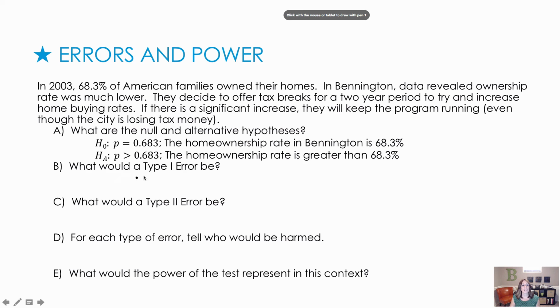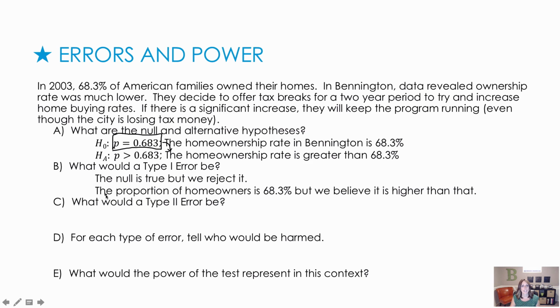So what would a type 1 error be? Remember, a type 1 error is when the null is true. So this is actually true, but we reject it in favor of the alternative. So in this case, we'd say that the proportion of homeowners is actually 68.3, but we believe that the alternative is true, so we believe that the home ownership rate has increased.